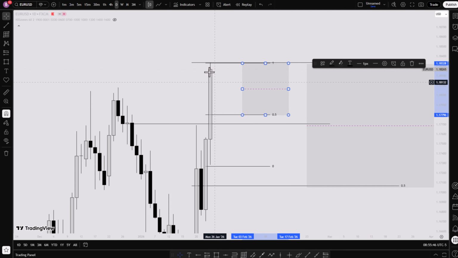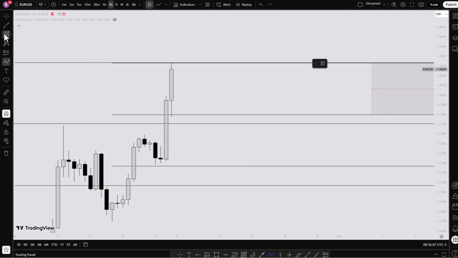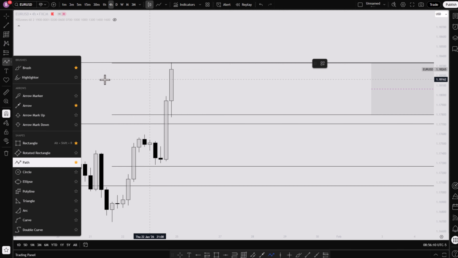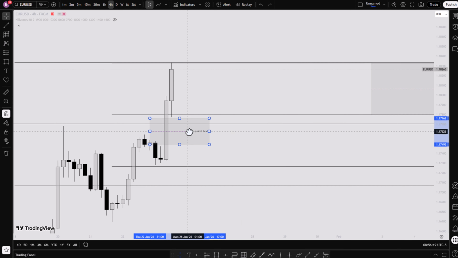So we want to see a fair value gap, and on the daily time frame you go to the 4 hours time frame to look for the fair value gap. So tomorrow I want to see price going here and then going bullish. I want to see price moving here because on the 4 hours we have a fair value gap here. So this is the fair value gap, and here is the fair value gap on the 4 hours.